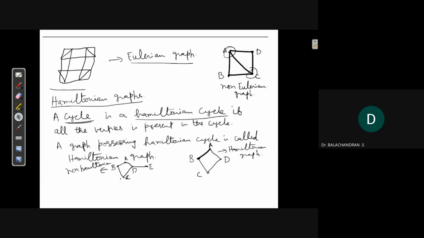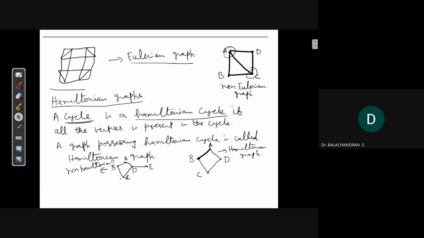So if all the vertices are present exactly once, the edges are also present once. But here there is no need to cover all the edges. Okay, so we need to cover all the vertices exactly once.